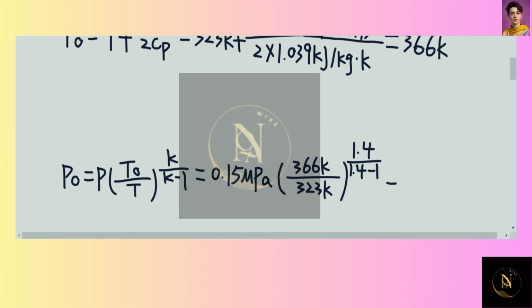And this will give us the stagnation pressure for nitrogen of about 0.232 megapascal, which is 232 kilopascal.